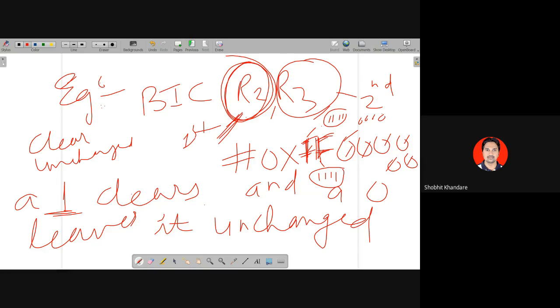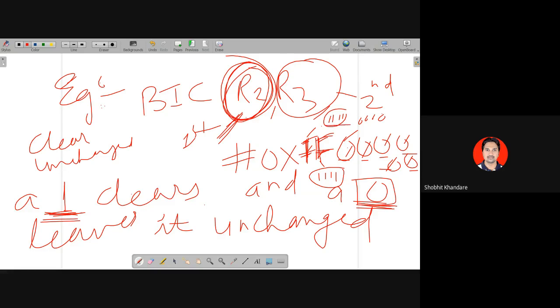And the bits I want unchanged should be 0. So you can underline 1 here and 0 here. Where there is 0, that particular bit in R2 will be unchanged.